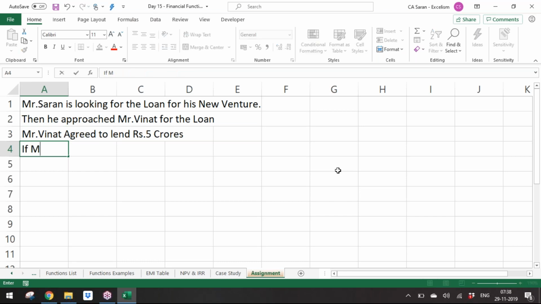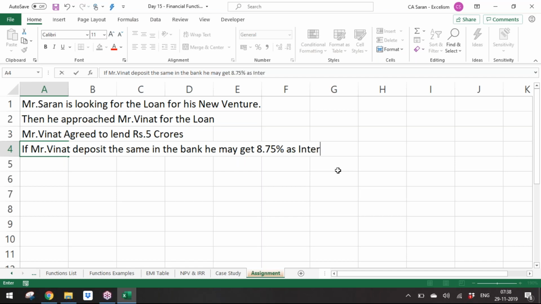If Mr. Vinat deposits the same money in the bank, he may get 8.75% as interest.